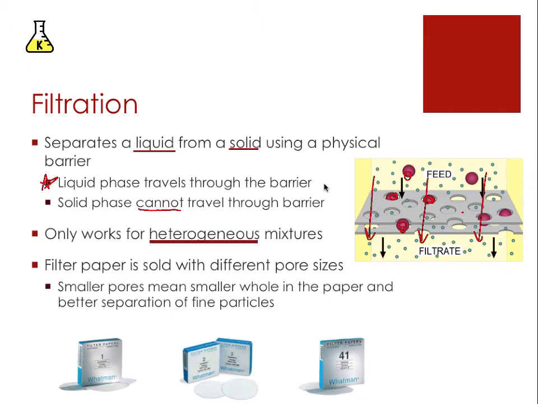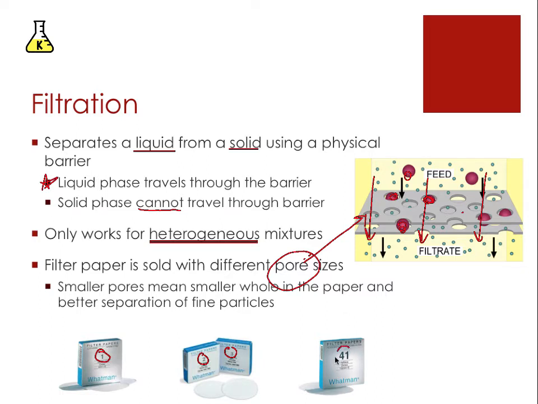Filter paper is actually something we buy in these sciences, and it's sold with different pore sizes. Basically, pore sizes refer to the size of these tiny little holes that exist in the filter paper. A lot of times these pore sizes are denoted by numbers, 1, 2, and 3, with higher numbers suggesting smaller pore sizes or a finer filter paper.